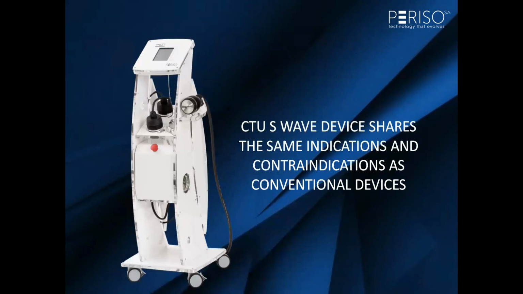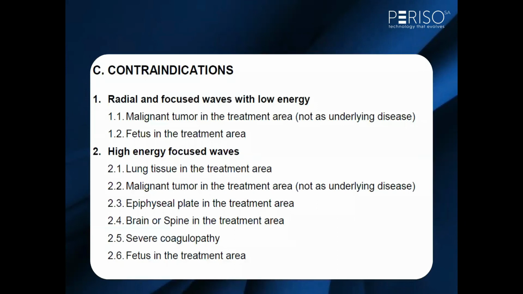C2 shock waves share the same indications and contraindications as conventional devices and can be used in all the applications stated by the International Society for Musculoskeletal Shockwave Treatment, excluding the contraindications of malignant tumor, lung tissue in the treatment area, treatment of the spine, severe coagulopathy, and the fetus in the treatment area.